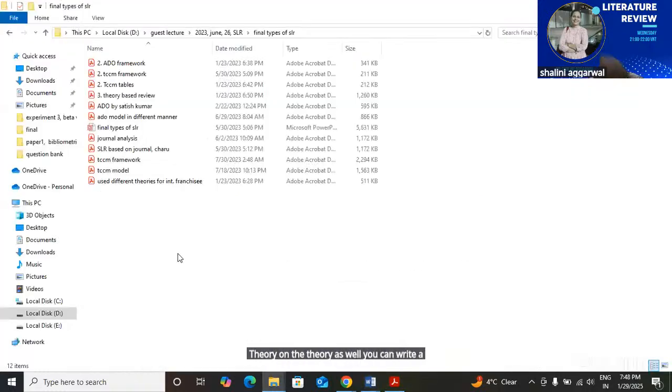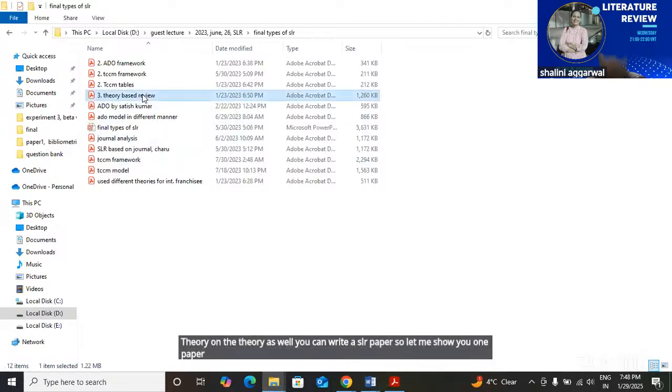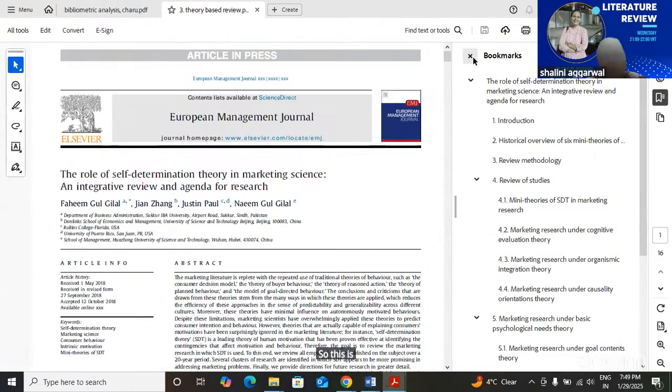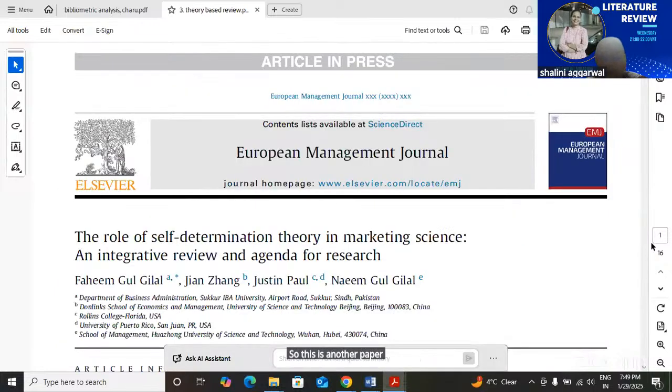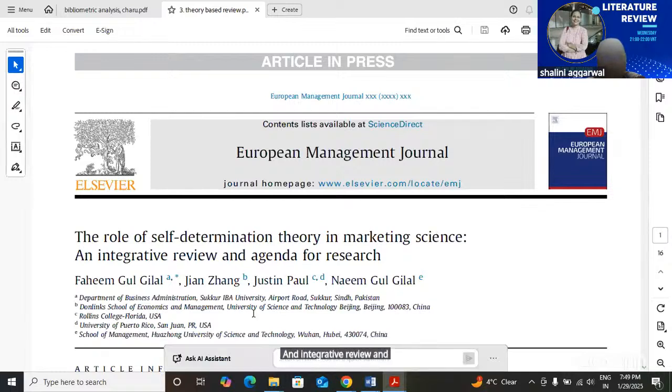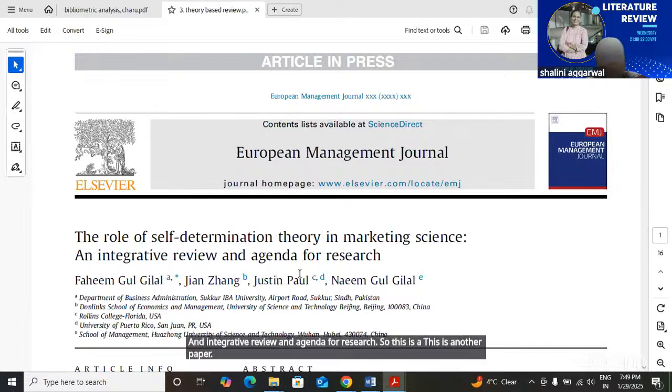So let me show you one paper, theory based review. So this is another paper that is on theory based, right? This is the role of self-determination theory in marketing science, an integrative review and agenda for research. This is another way you can write the SLR.